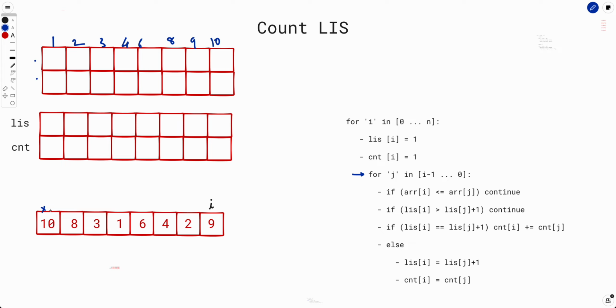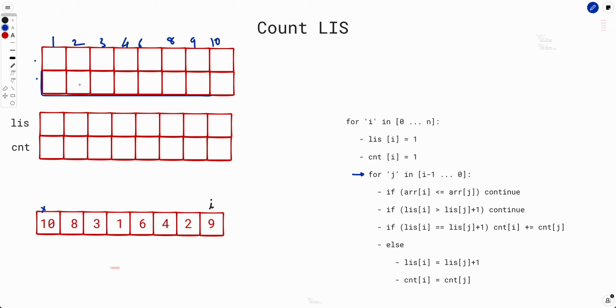Now again, let's start from 10. So we will go into the mapped position of 10. We know that all these elements are less than 10. We will simply do a range maximum over these elements, and whatever value we get, we will do a range sum over that.